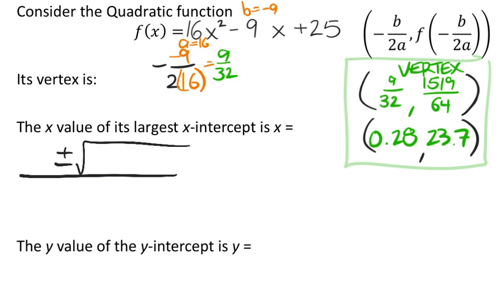So we got all this stuff. Remember, b squared minus 4ac. Now in the problem, we see that our a value is 16, so that'd be 4 times a times c. Oh, I forgot my 2 on the bottom, right? So that'd be 2 times 16. And then my b value is negative 9, but remember the b to start out there was negative 9.